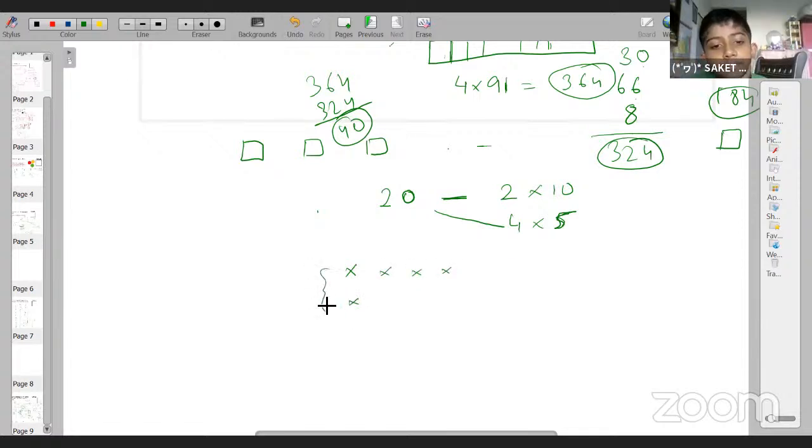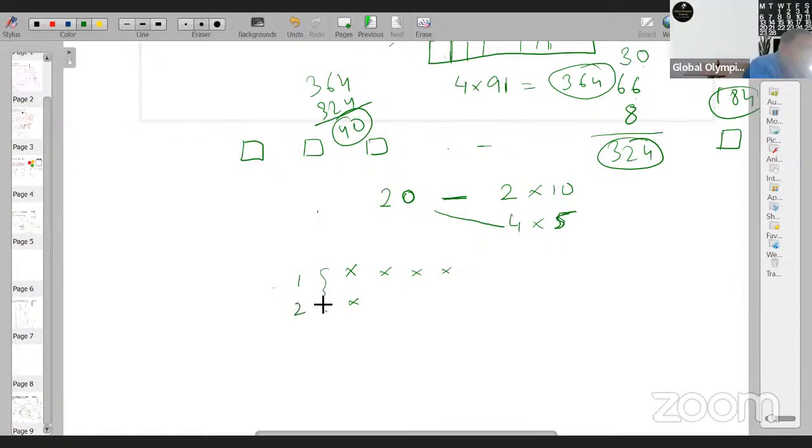So we have two rows here, one and two, and let's say we have 1, 2, 3, 4, 5, 6, 7, 8, 9, 10 columns. We are talking about row plus column.